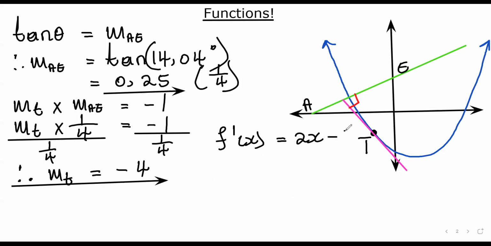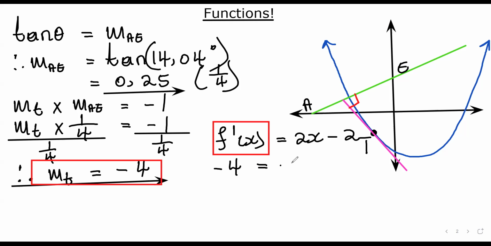And you already did that. You said the derivative is 2x minus 2. But now we have something very important. We said the derivative of a function is actually the slope or the gradient of the tangent. So we are simply going to equate the gradient of the tangent to the derivative of the function.